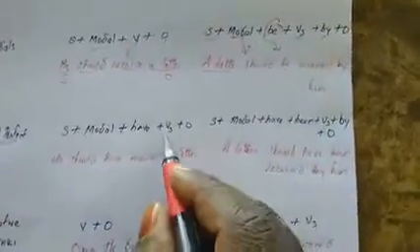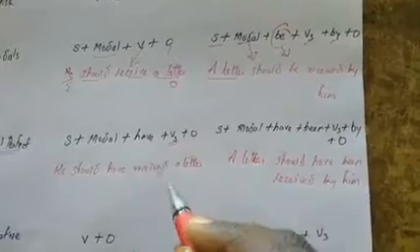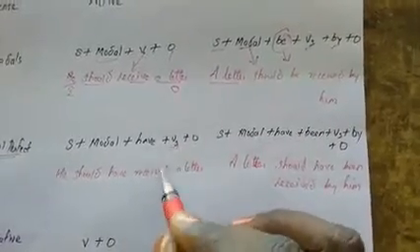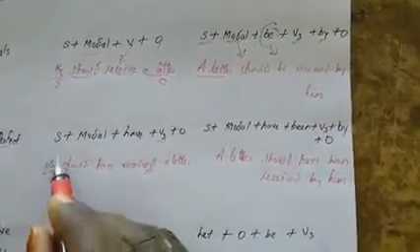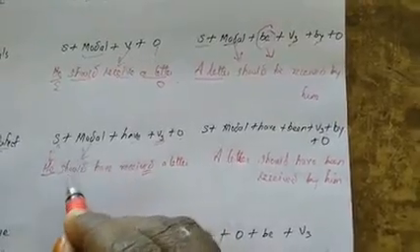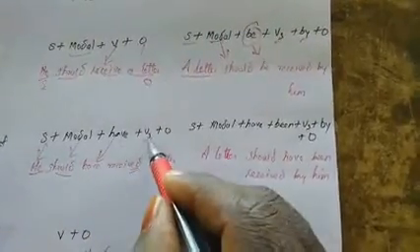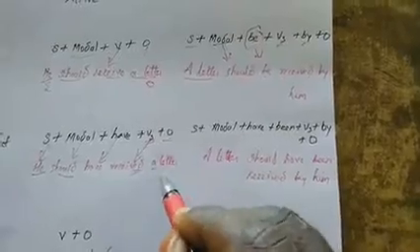How to solve? Subject, modal, what modal have we used here? Should. And then have, and then perfect tense means, as I told you already, verb 3 you have to write. Keep it in mind. So he, subject, modal should have, is used here, and then received a letter, that is the object.